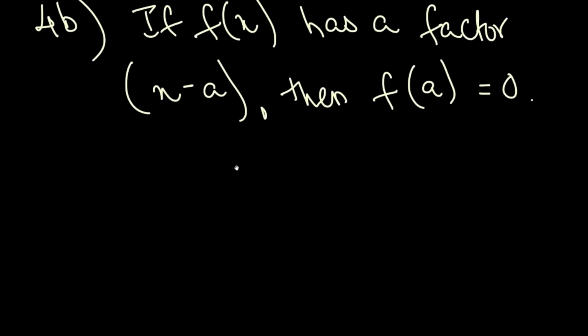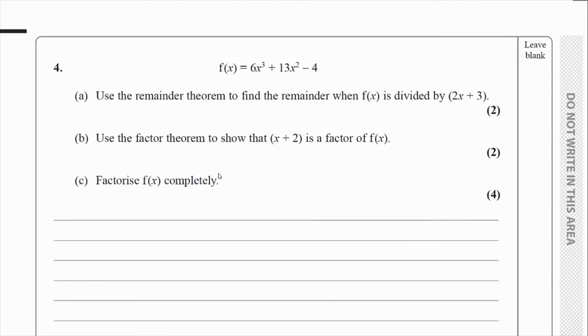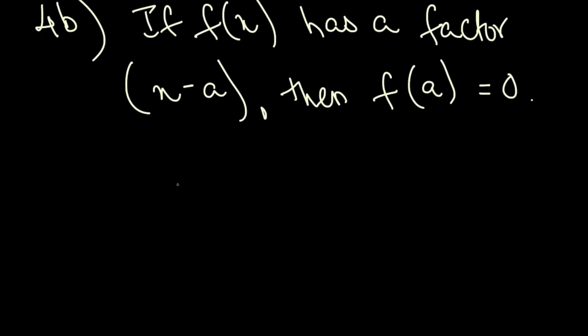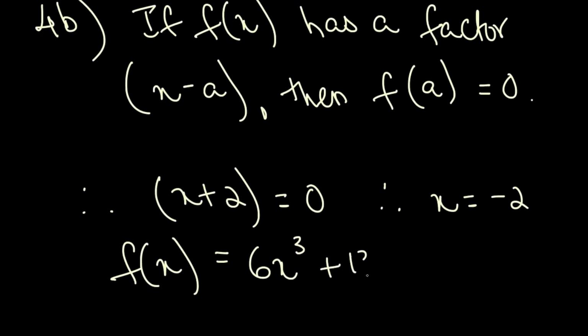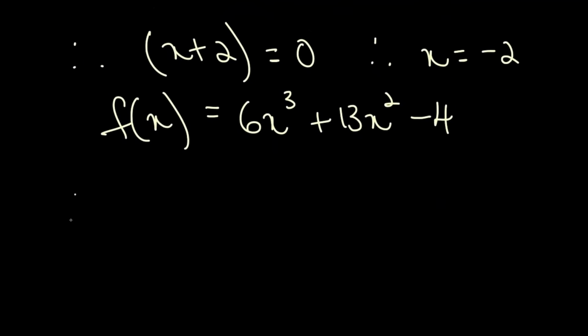So the question says x plus 2 is a factor of f of x. Therefore, x equals minus 2 when substituted into the expression f of x equals 6x cubed plus 13x squared minus 4. If we were to put in minus 2, we would get a 0. That's what the factor theorem states.